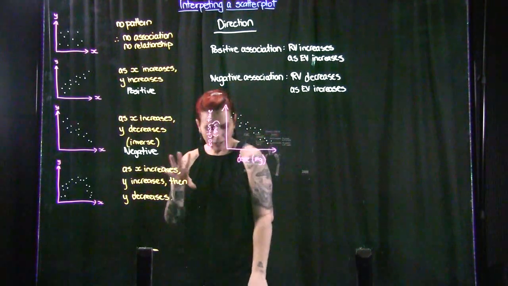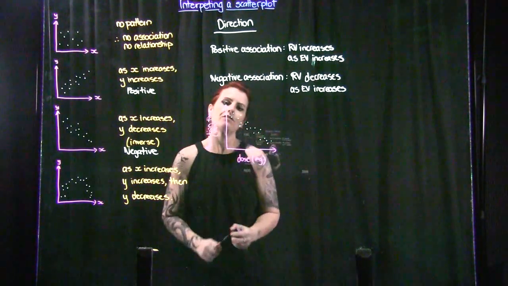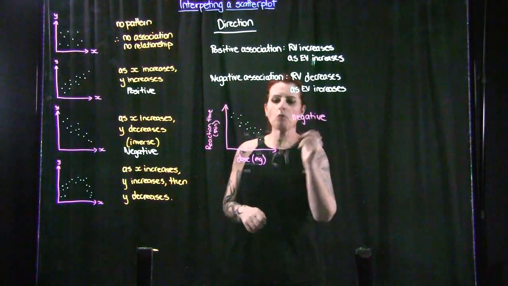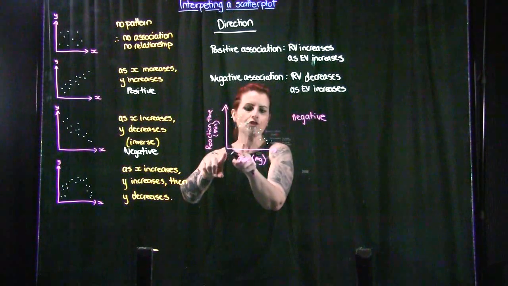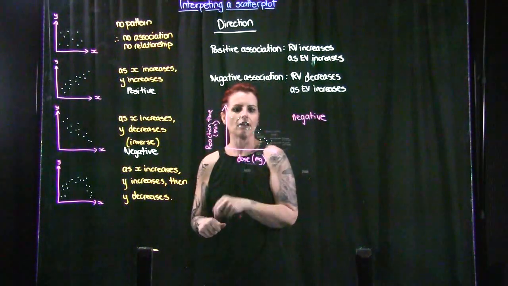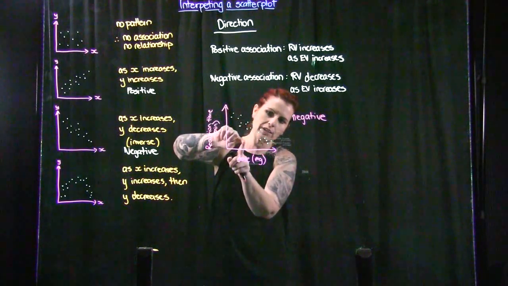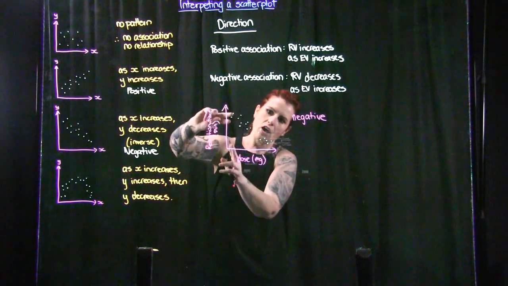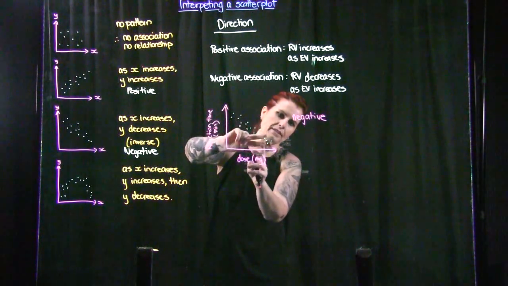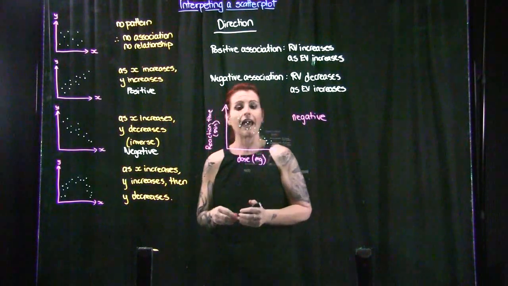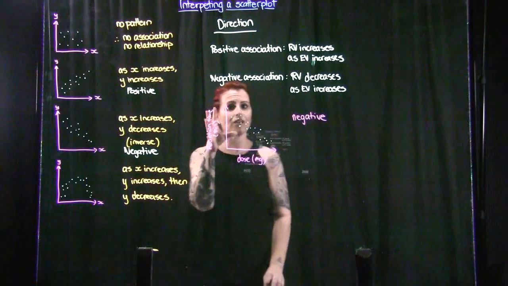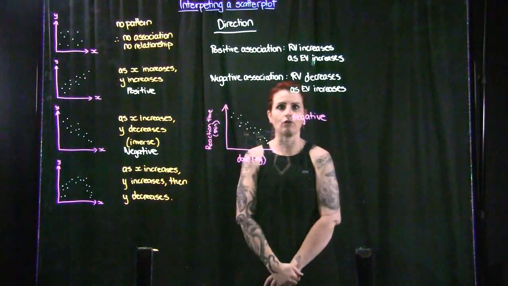Okay, when I look at this, I can say that this is a negative association, and what I can say is that as the dosage increases, reaction time decreases. So as I increase the dose, the corresponding dots along the y are dropping down the y-axis. It's a negative association, and I can say as the dose increases, the reaction time decreases. Or I can say reaction time decreases as the dose is increased.